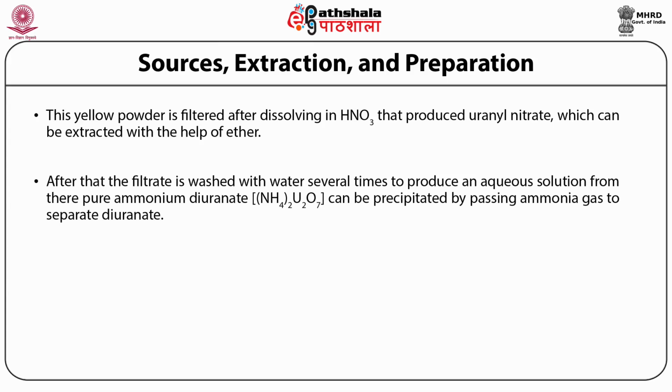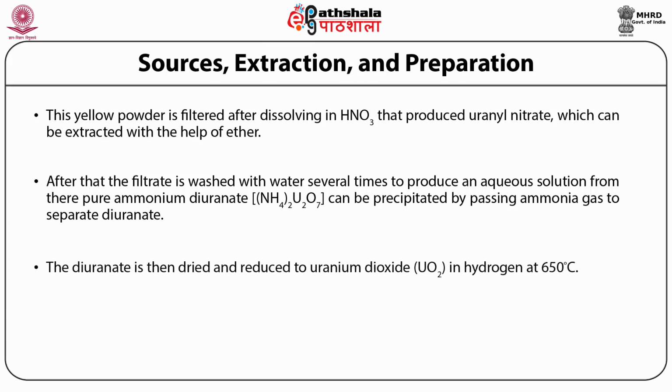From there, pure ammonium diuranate can be precipitated by passing ammonia gas to separate the diuranate. The diuranate is then dried and reduced to uranium dioxide in hydrogen at 650 degrees Celsius.